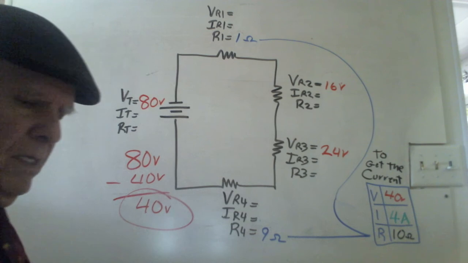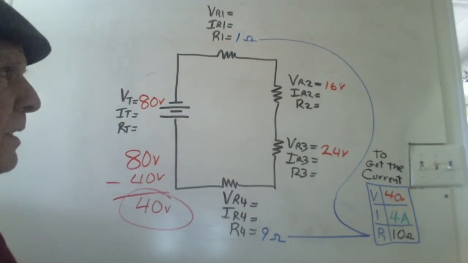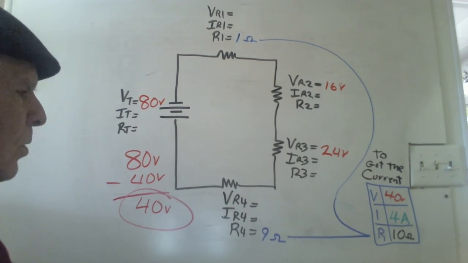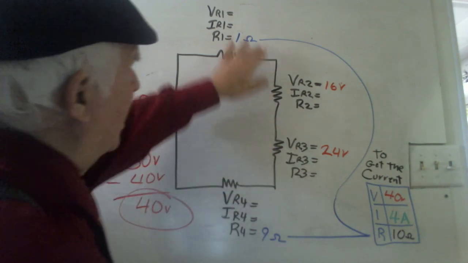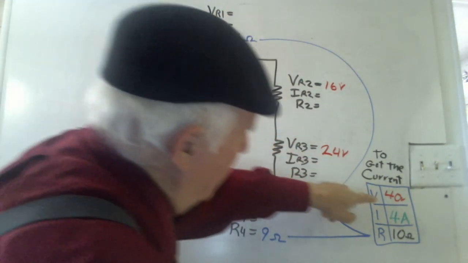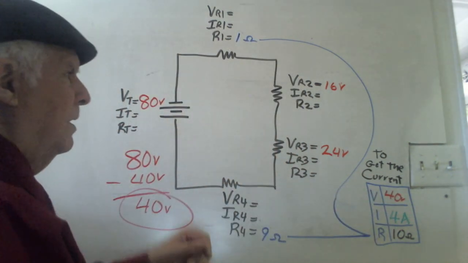Okay, now the 4 amps goes where exactly? Everywhere. Now here's the thing. I don't know how much voltage goes here, and I don't know how much goes here, but I know that the total of these two is 40, correct? Because that's the missing value.